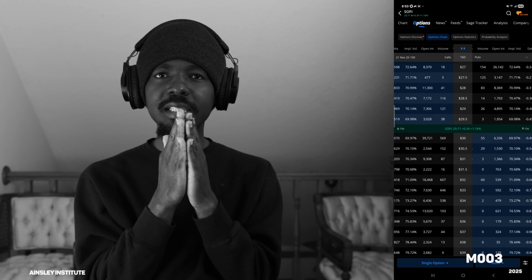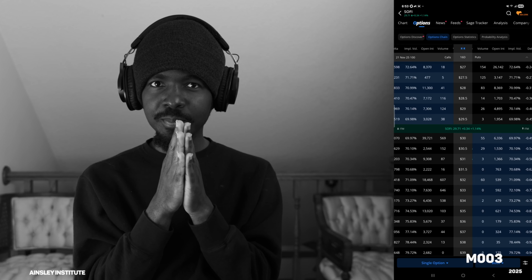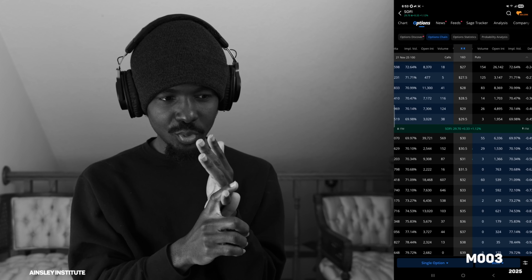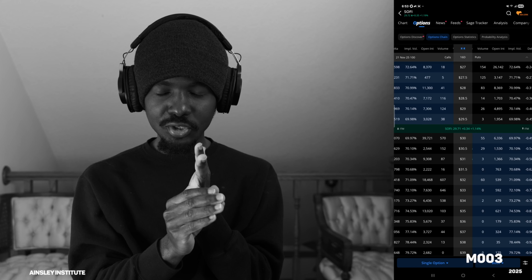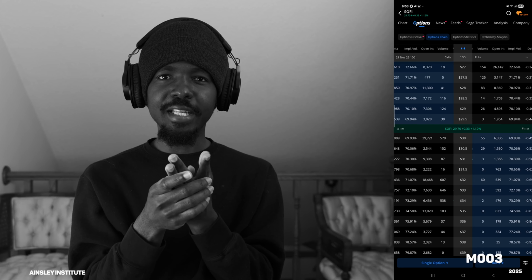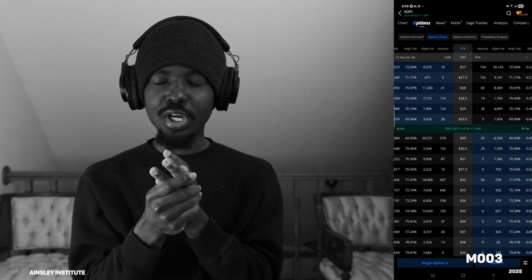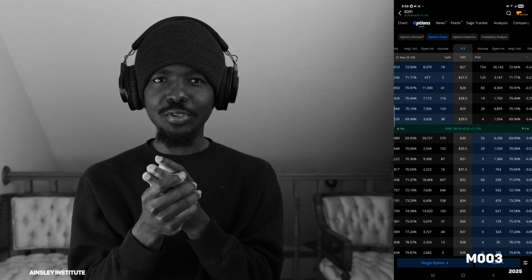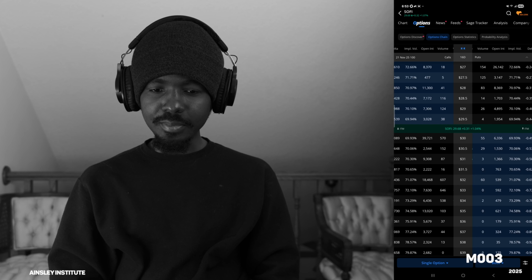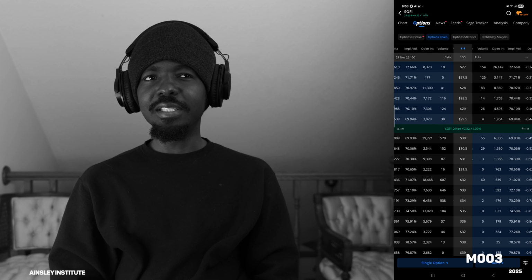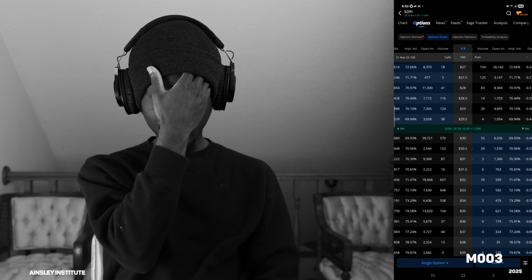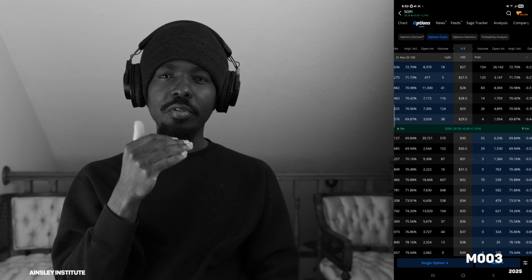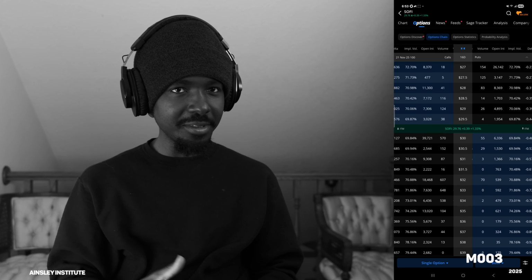If we want to calculate the break even for this, we take the $25 strike, add the $7 to it, and then we are at 32. So 32 would be the break even. Even though you're buying it at 25, it has to reach 32 for you to break even.